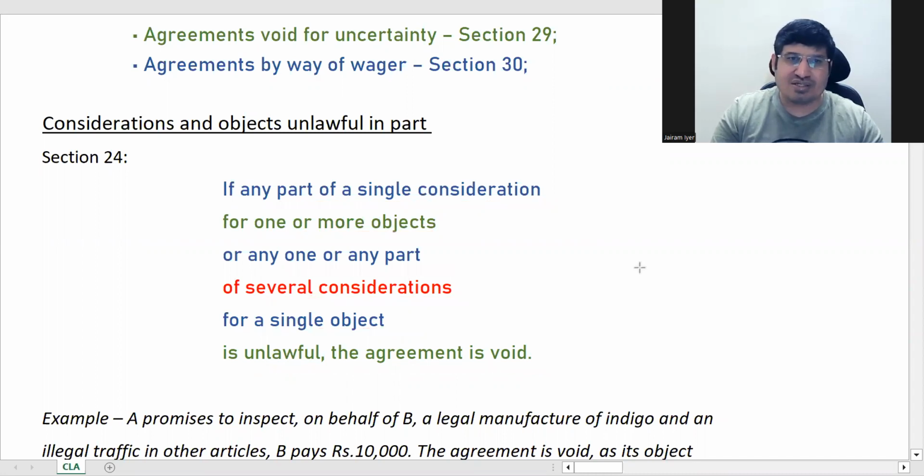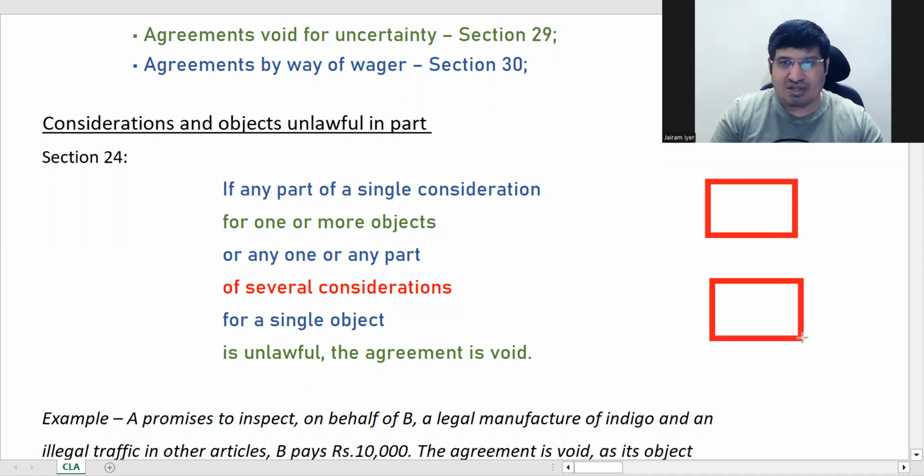The first one is one consideration, and you have more than one object. Basically, you have entered into a contract for building two houses with a contractor. One of these is legal, some legal business you are constructing.